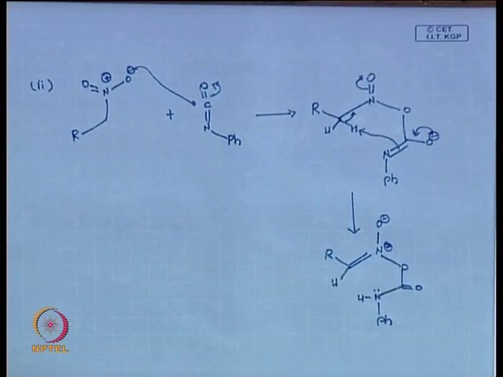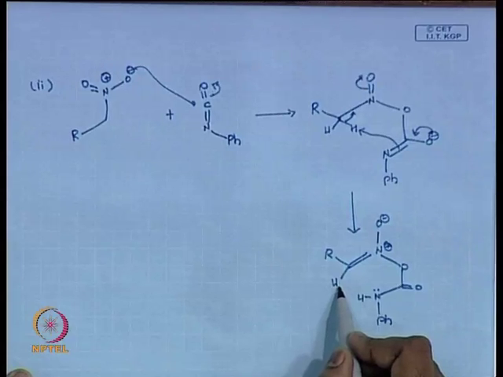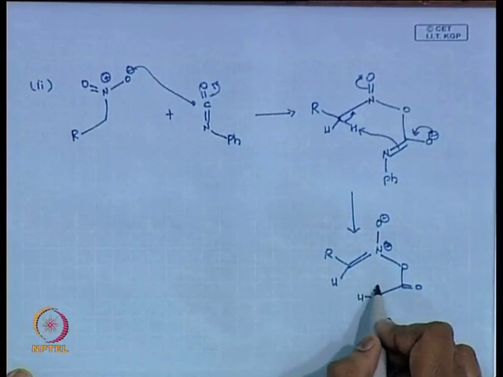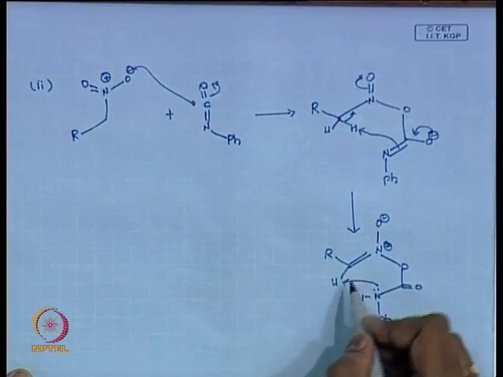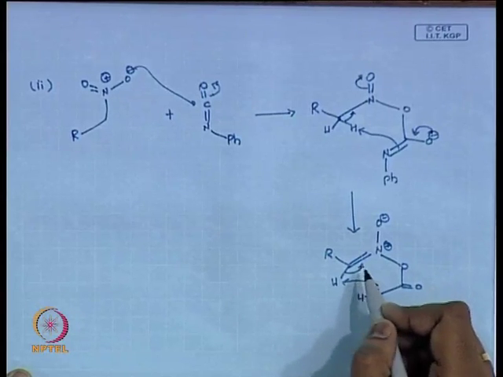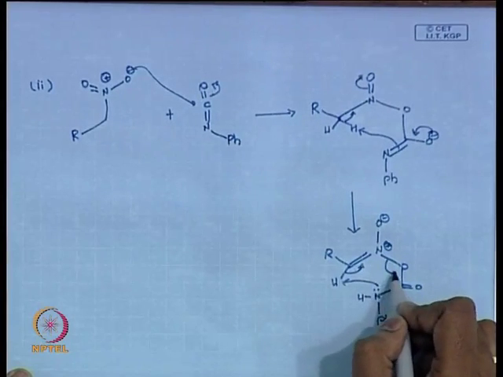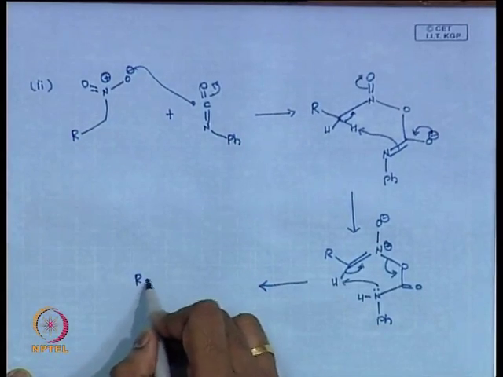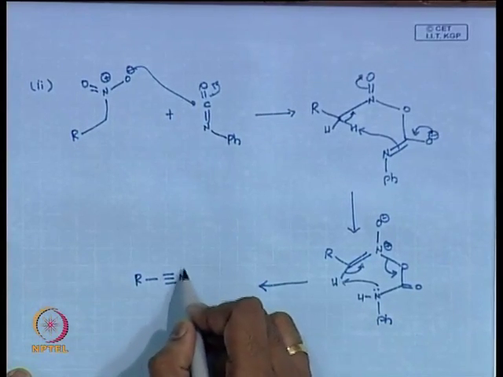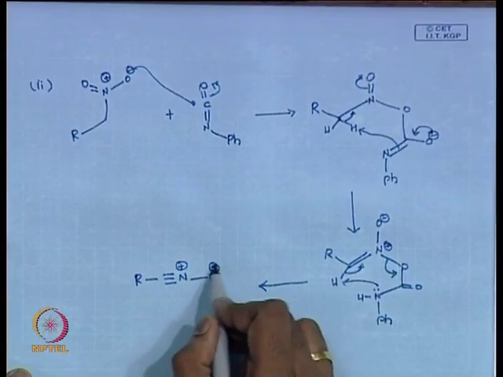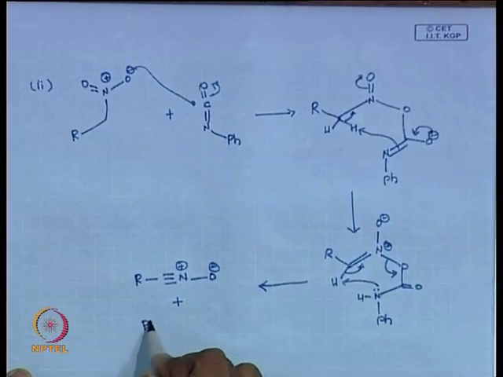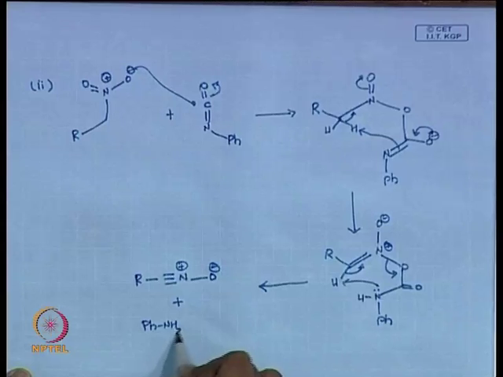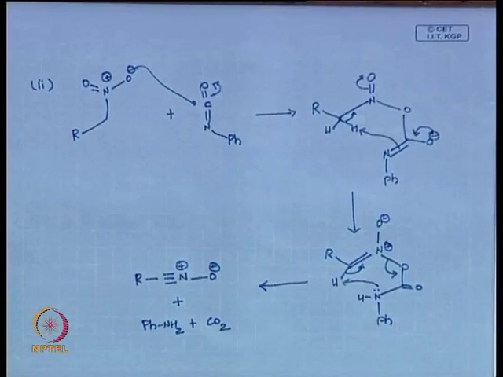Right. So, again I can think of taking this hydrogen out. That will give me my nitrile oxide, with your aniline plus your carbon dioxide. Right, these are two normal ways people use.